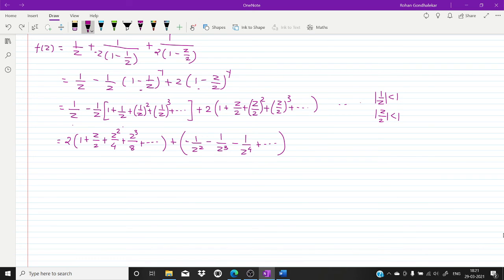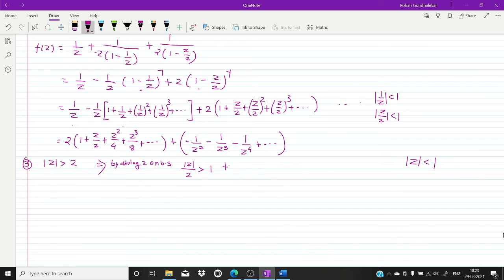Okay. Now we are coming to the third region. What is the third region? |z| > 2. It's very simple. If I want to apply the standard expansions, what I'm expecting is that the modulus of the variable is less than 1. Here what you have is |z| > 2. So we have to make it less than 1. First you divide by 2 on both sides, so we get |z|/2 > 1.